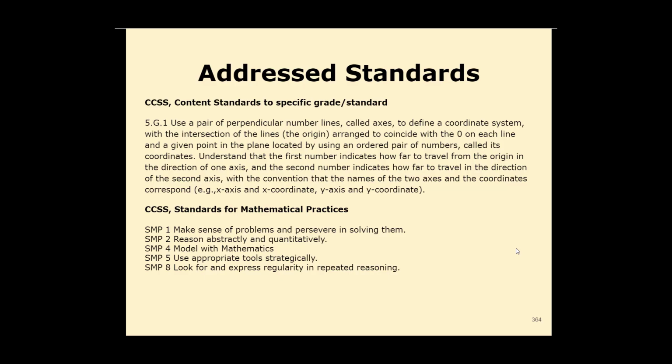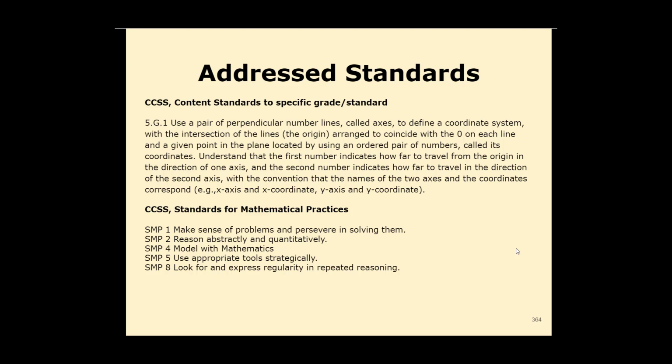The standards that I will address in this lesson are from 5th grade, and it's the 5th grade geometry standard, the first one, 5G1, and it says use a pair of perpendicular number lines called axes to define a coordinate system with the intersection of the lines, the origin, arranged to coincide with the 0 on each line and a given point in the plane located by using an ordered pair of numbers called its coordinates.